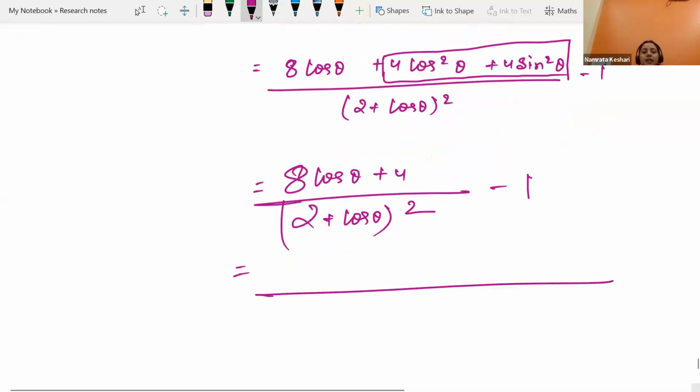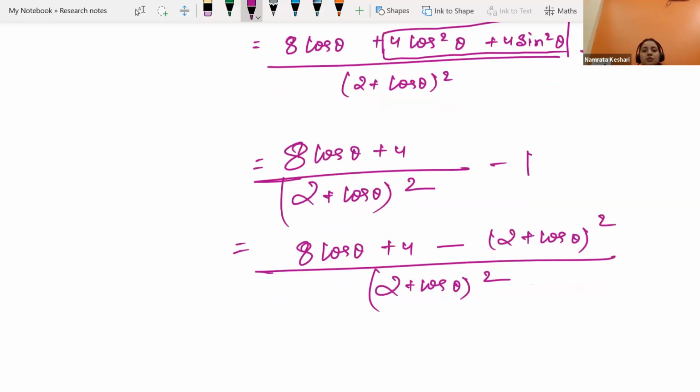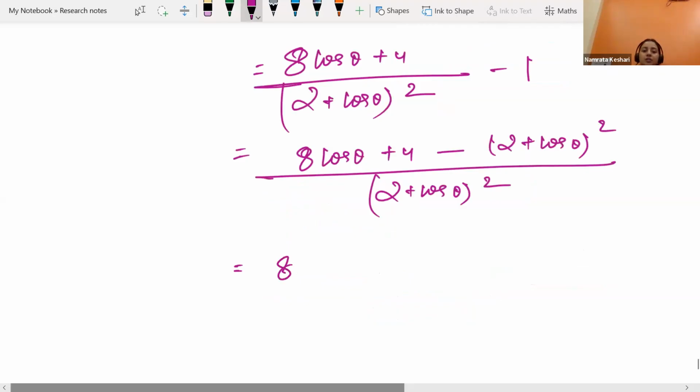So if we take the LCM, 2 plus cos theta, that will be squared. Now in the numerator, can you tell me? 8 cos theta plus 4 minus 2 plus cos theta whole squared. So simplification over here: 8 cos theta plus 4, minus a square.